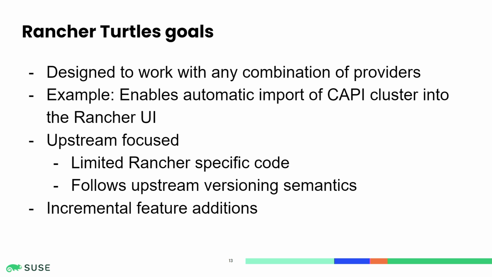The other goal was it's upstream focused, basically limited Rancher specific code as much as we were trying to, an adapter layer essentially. And it follows the upstream versioning semantics.